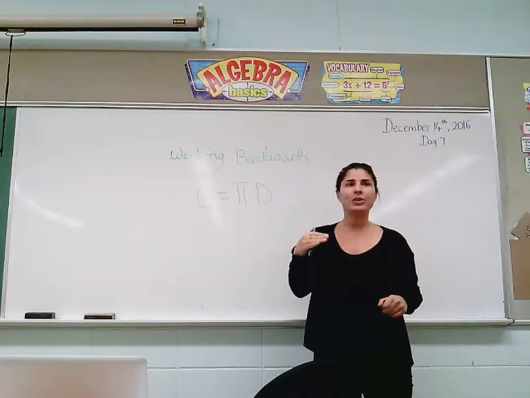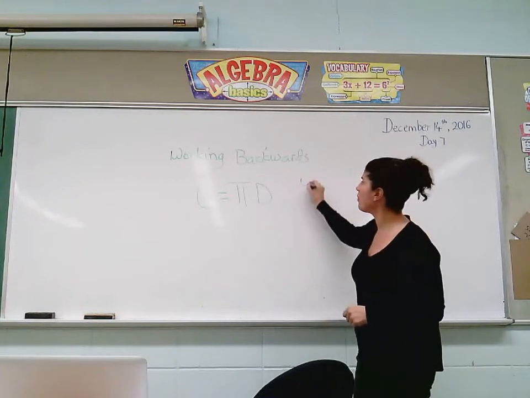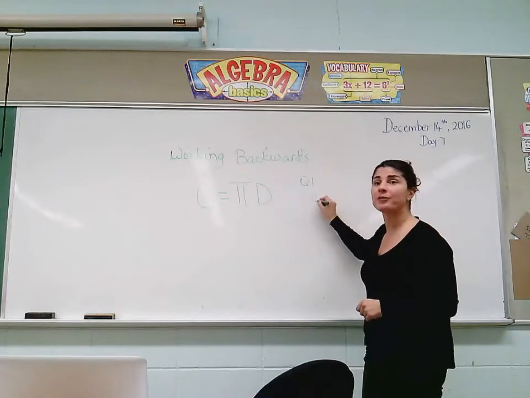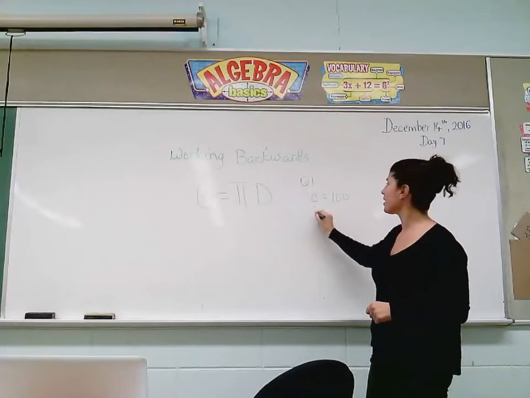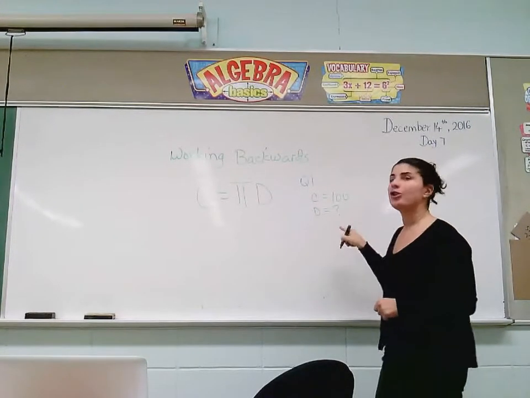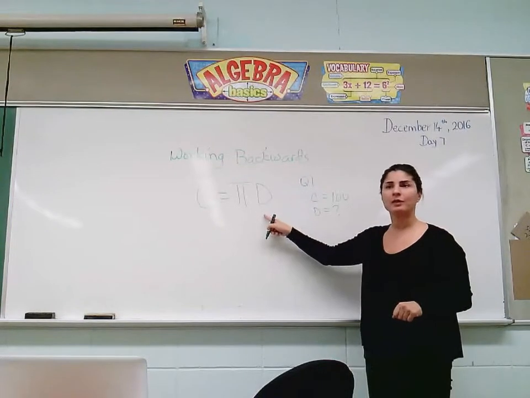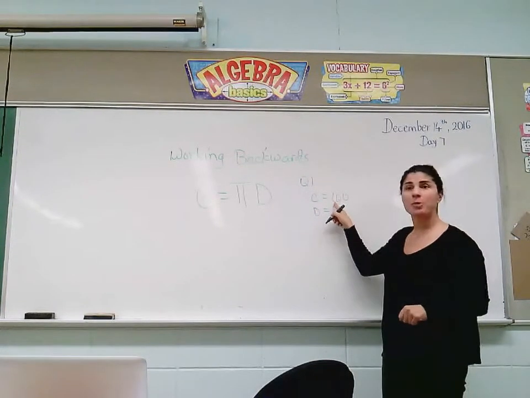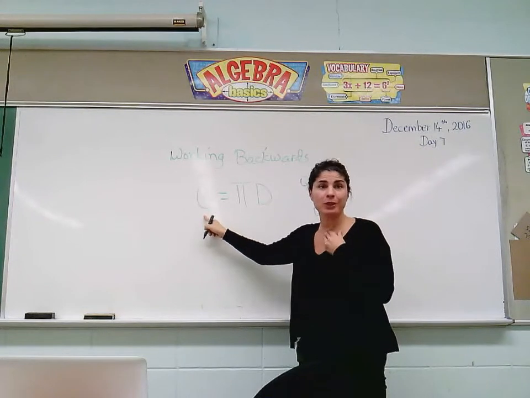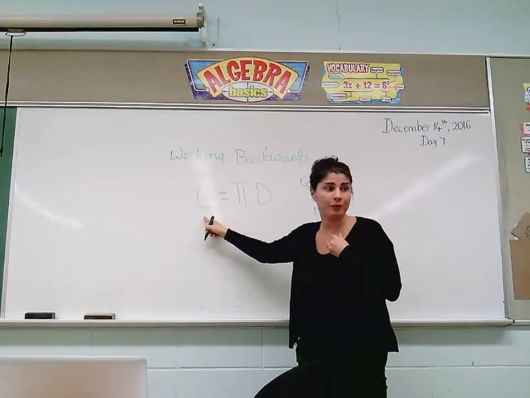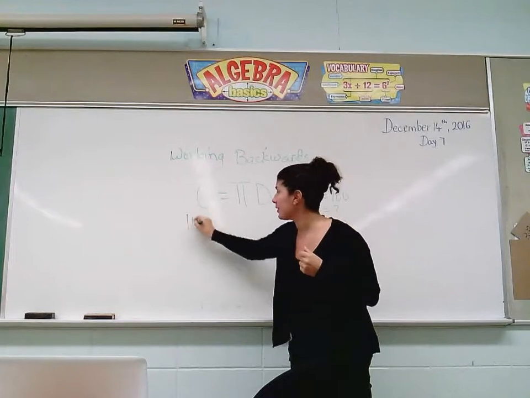So if I tell you, hey guys, question number 1 is that the circumference equals 100, what is the diameter? You're going to take the same formula, use the number 100 to replace the circumference, because that's the information I gave you. This time I gave you the circumference.